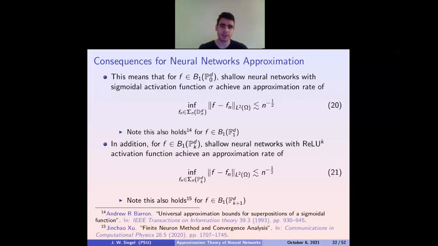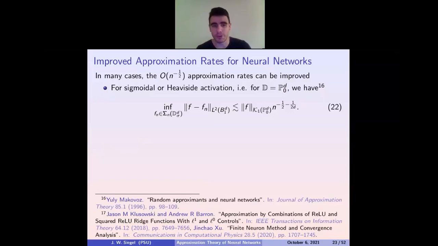But it turns out that these rates can actually often be improved a little bit further. So this O of n to the minus 1/2 rate that you get with this sampling argument can actually be improved in many cases.